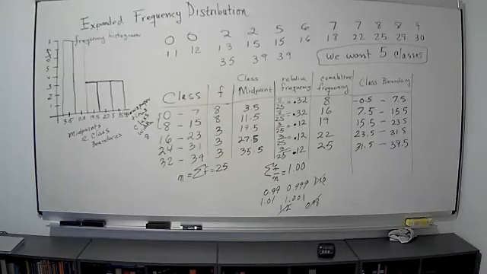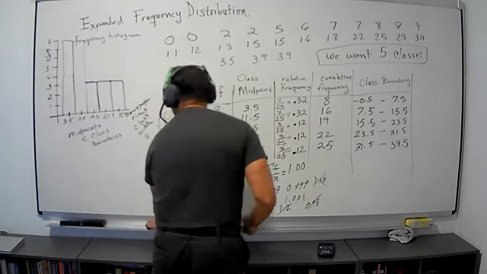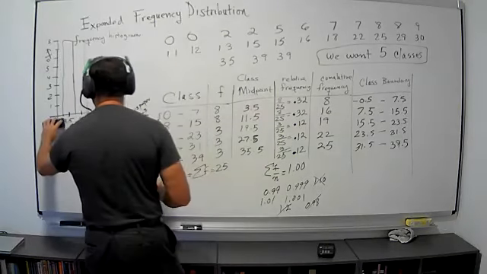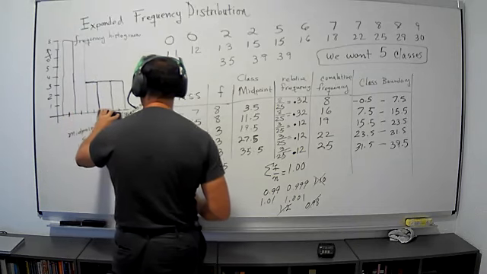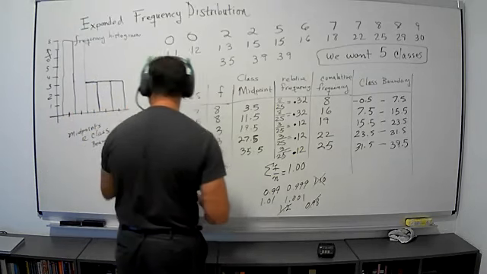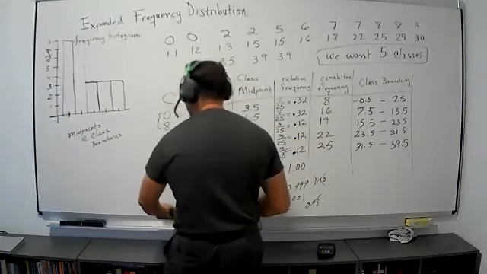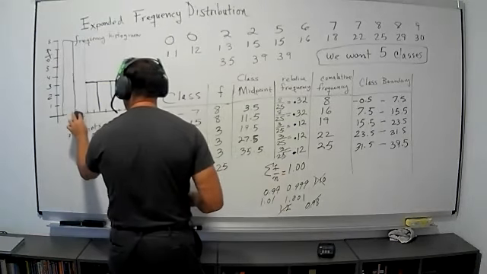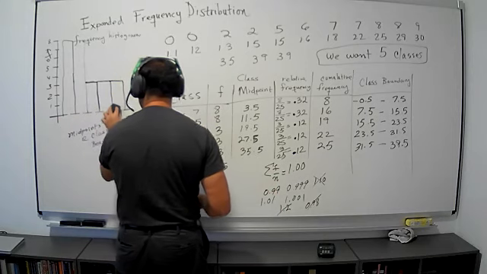I think it's easy. Now, we can also do this with class boundaries. So what I'm going to do now is erase all my midpoints. I'm going to erase newspaper times, but this is newspaper time. Let me erase this so I can have some space. I could have done this instead with class boundaries, right?